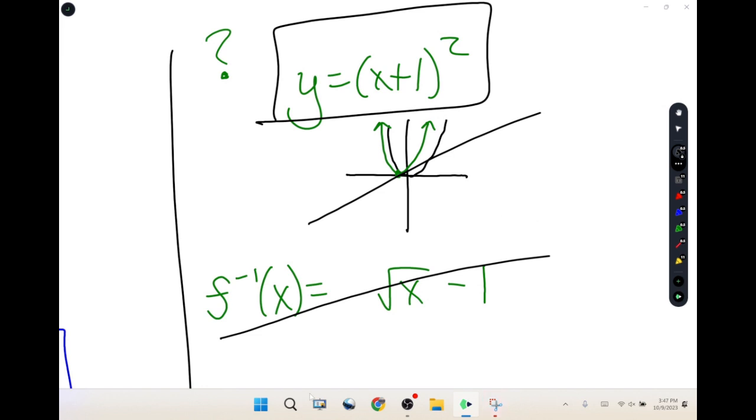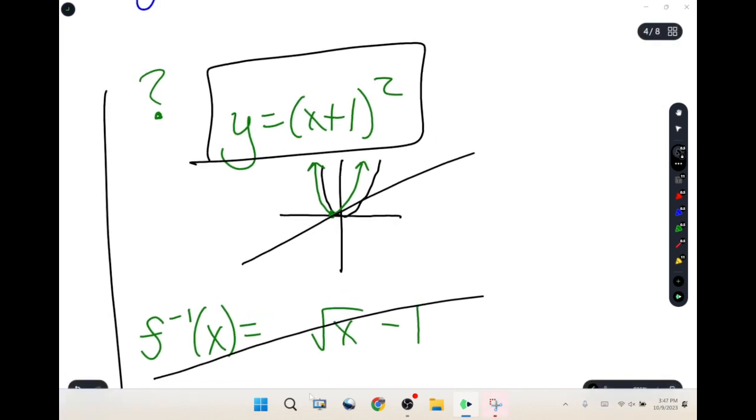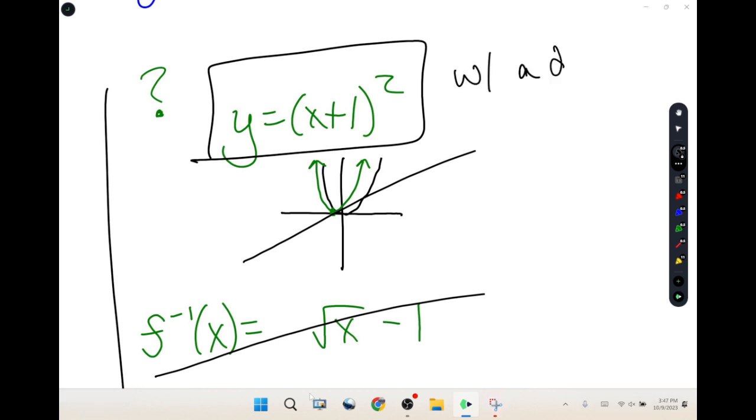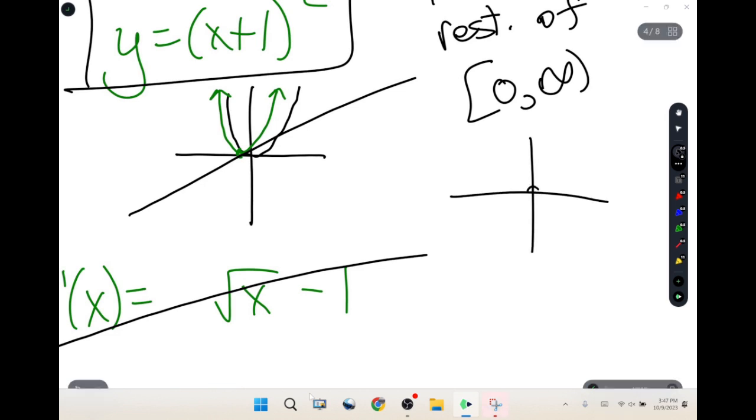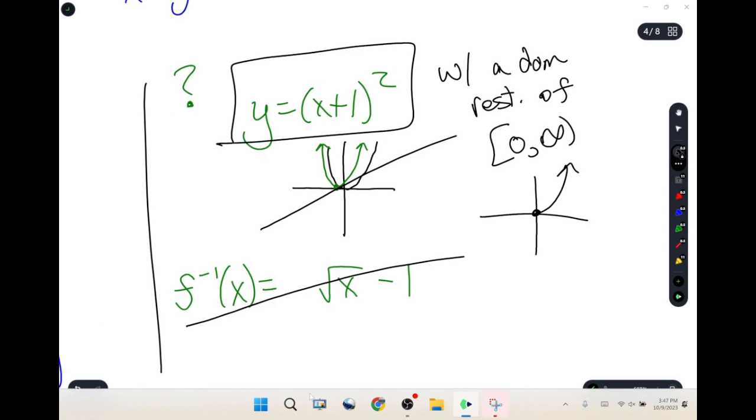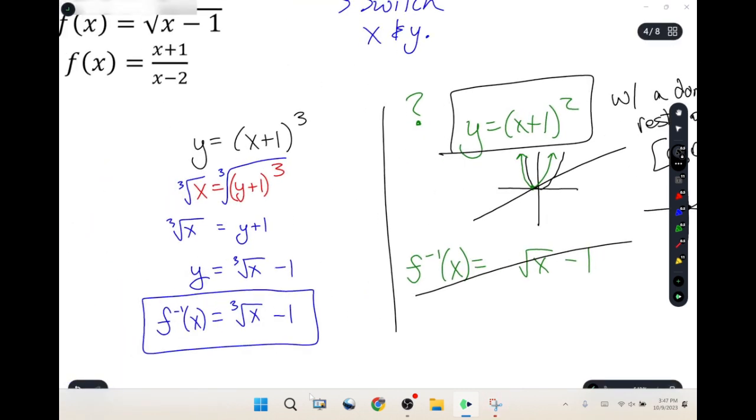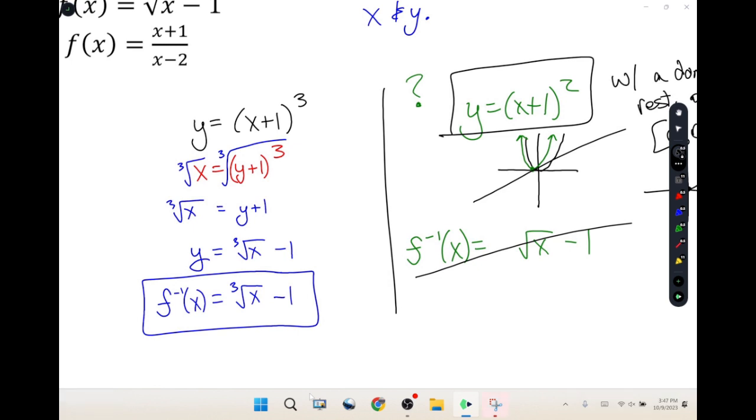They might say that with a domain restriction of 0 to infinity, because that function would look like this, and now it passes the horizontal line test. But for the most part, we can think of parabolas as non-invertible unless they give us some real wonky conditions on the side. So that's an interesting thought: the cubic function seems more complicated, but actually it's perfectly invertible, whereas the square is not.